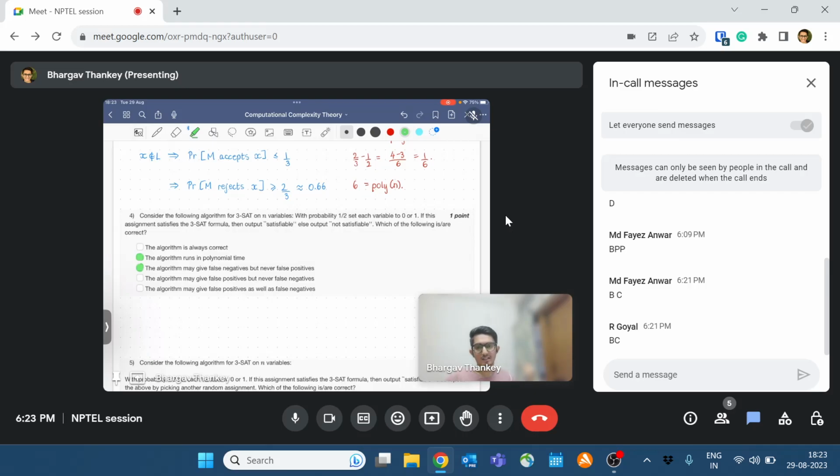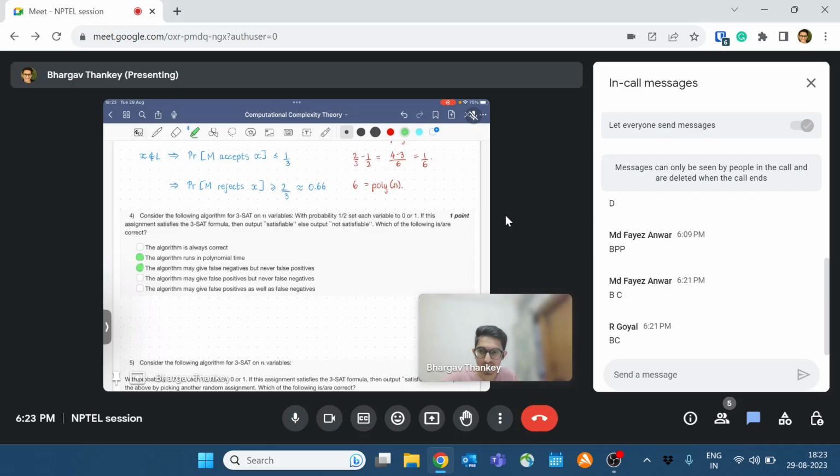false negative. Yeah, so consider a case in which the formula has only one satisfying assignment. And since you pick an assignment randomly, with very large probability, you won't pick the correct assignment, right? In that case, the probability of success will be 1 by 2 raised to the power n, if only one assignment is true.